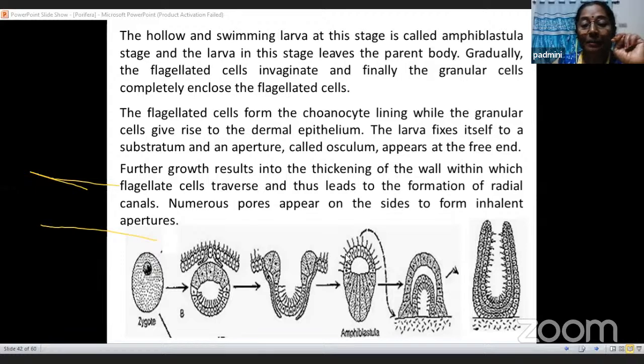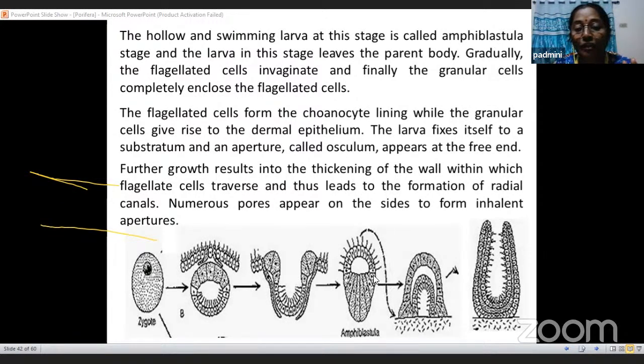Once the micromeres are formed with the flagella, the larva is released from the osculum of the mother into the water. Once released into the water, they go and attach to a substratum by the flagellated side. So they are going to go upside down. You can see the arrow over here.